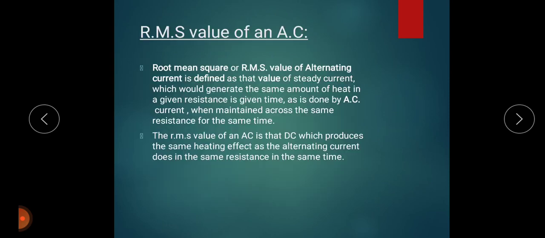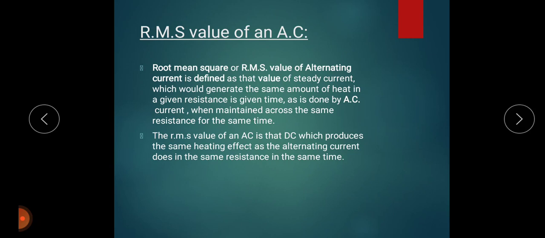RMS value of an alternating current. Here the RMS value of the alternating current, also known as the root mean square value of the alternating current, is defined as the value of steady current which would generate the same amount of heat in a given resistance in a given time as is done by the alternating current when maintained across the same resistance for the same time.